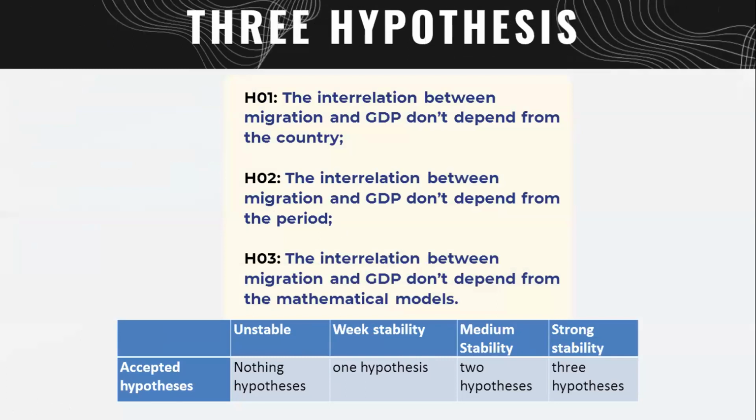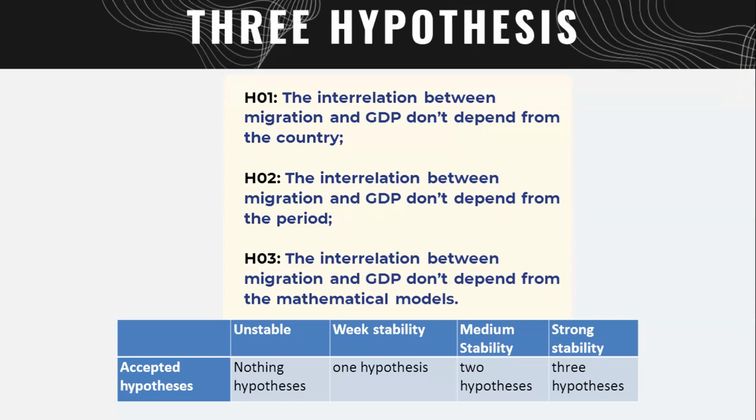For investigating stability, we chose three main hypotheses. Hypothesis H01 is that the interrelation between migration and GDP does not depend on the country. The second is that the interrelation between migration and GDP does not depend on the period, and the third is that the interrelation between migration and GDP does not depend on the mathematical models.